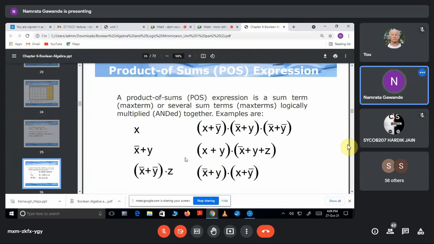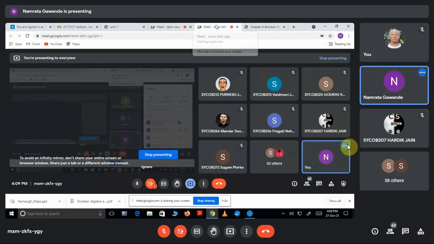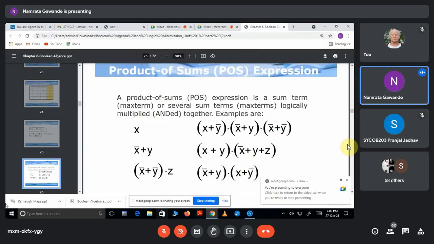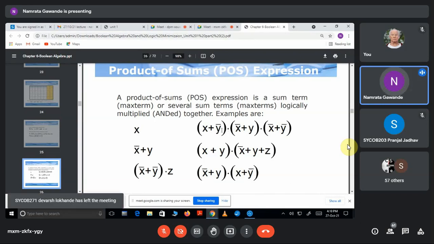Now here you can see a few examples. Students, am I audible? Yes, ma'am. Okay, so here you can see an example of a POS expression: (x plus y bar) dot (x bar plus y) dot (x bar plus y bar). How many terms are there? 3 terms, separated with this dot, right? x plus y bar is one term, x bar plus y is one term, and this is another.